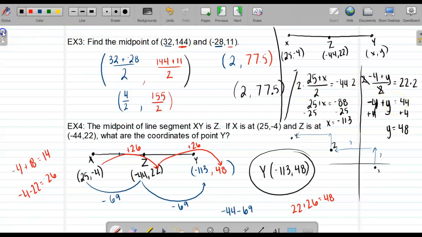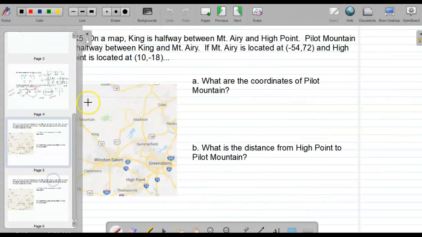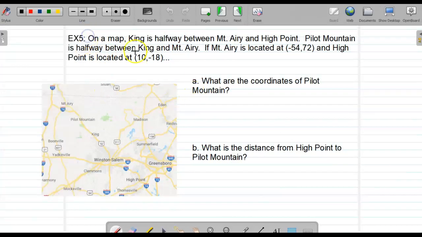All right, we got one more question that we're going to do. For the sake of time, don't write all of this down. Just write down what I'm going to highlight here. King, halfway between Mount Airy and High Point. Pilot Mountain, halfway between King and Mount Airy. And then you can just write Mount Airy is at this point, High Point is here.